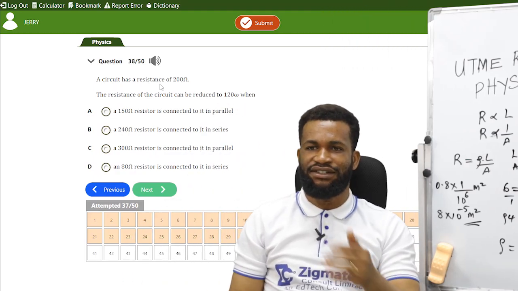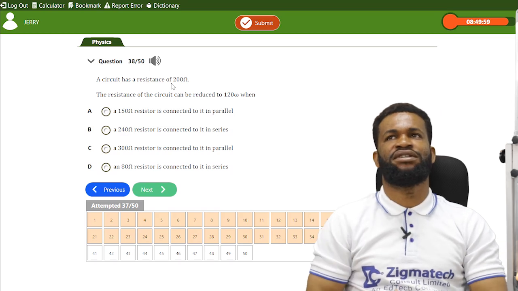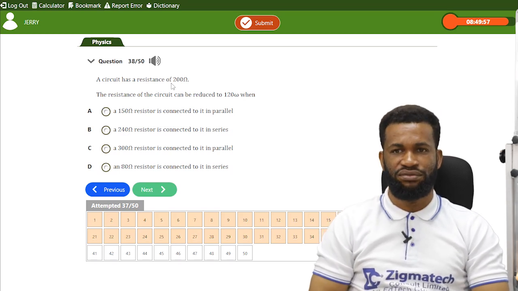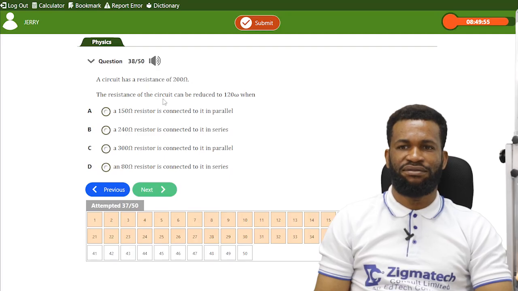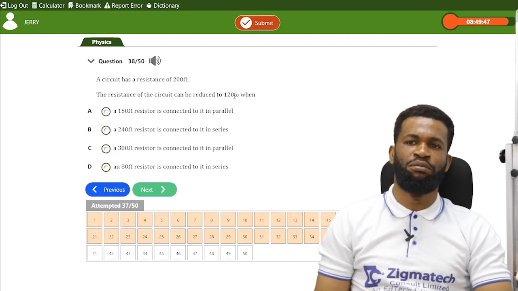A circuit has a resistance of 200 ohms. The resistance of the circuit can be reduced to 120. Is that watt? No, it can't be watt, it should be ohm.